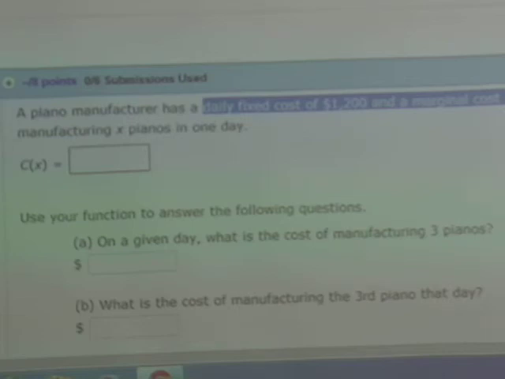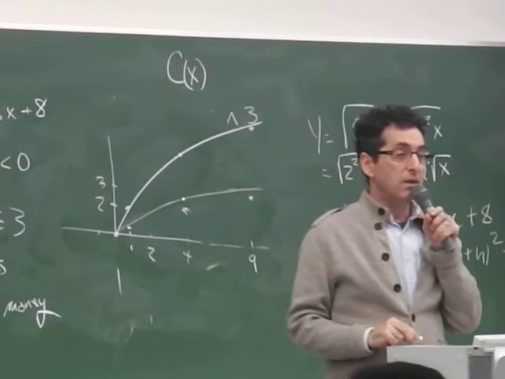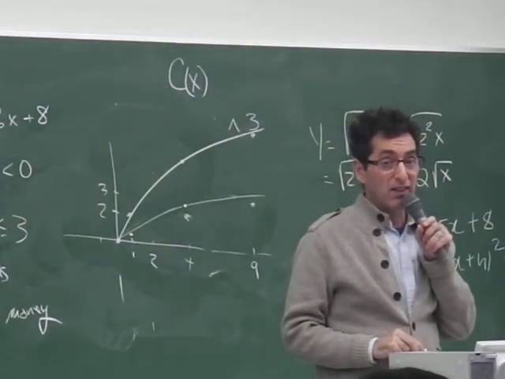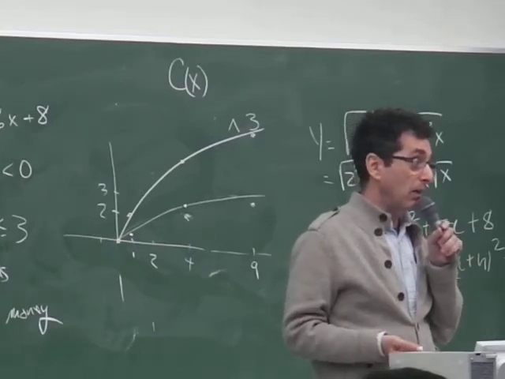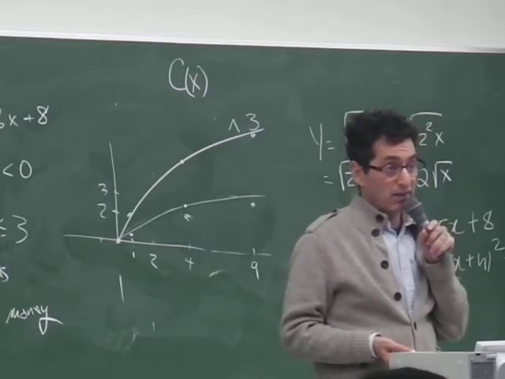So when we talk about cost, we're going to write cost as a function of the number of pianos that you make. And that makes sense, right? Your costs usually will depend on how many you make. If you make one piano, it probably costs you less than if you make 100 pianos, right?